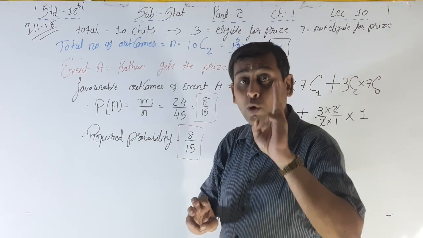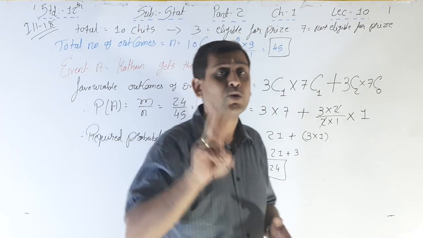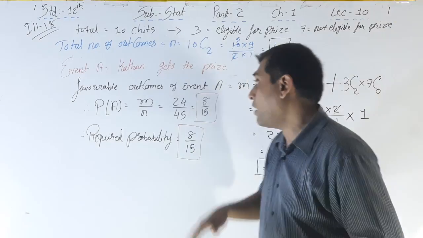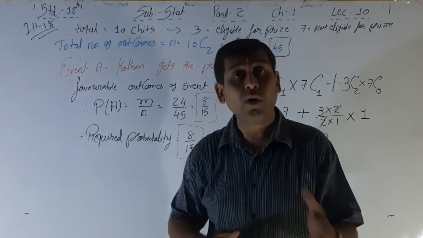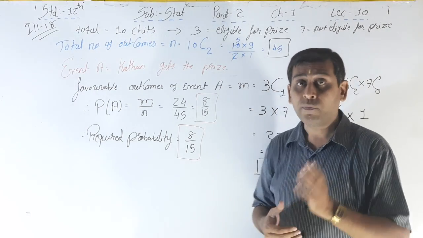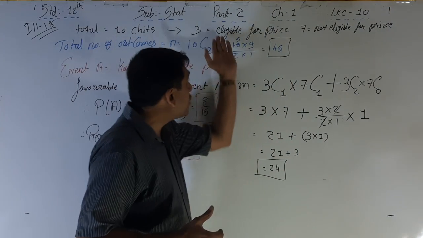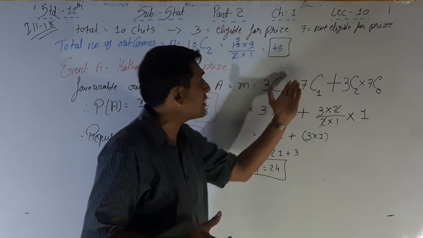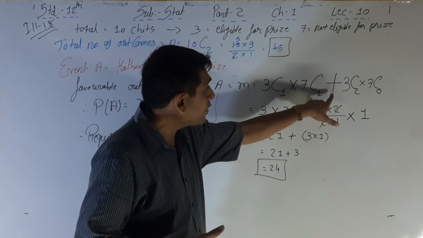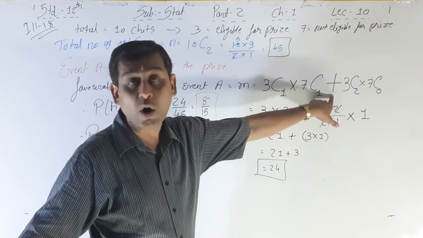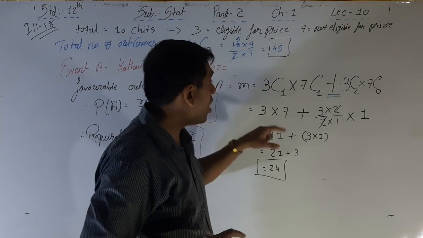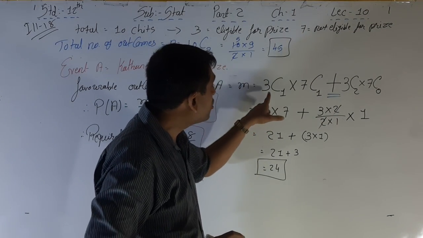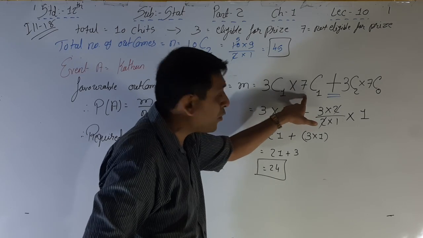There are total 3 possibilities, but from these 2 are eligible for our event A. Here you can say favorable outcomes for event A: from these 3 we are taking 1, from these 7 we are taking 1, or, whenever we say or, we have to write plus, or whenever we say and, one from these and one from these.